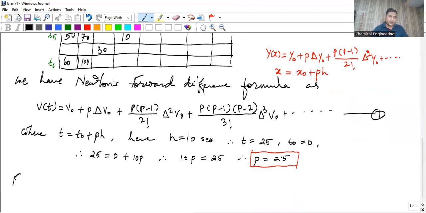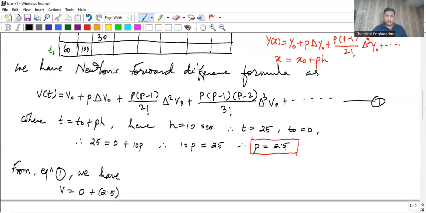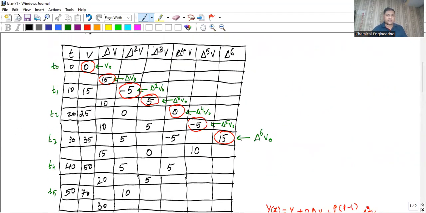So from equation 1, we have v is equal to v0, which is 0, plus p is going to be 2.5 times delta v0, and delta v0 is 15.